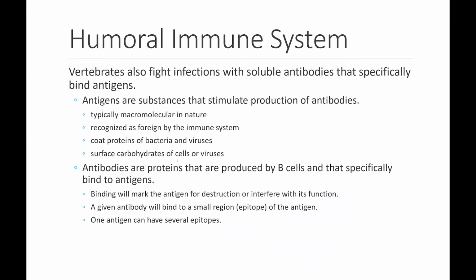Now, we also fight infections with antibodies that are specifically made to bind antigens, which are just anything that is foreign. We describe an antigen as any foreign substance that stimulates the production of antibodies. Antigens are typically macromolecules. They're typically large, and they're recognized as foreign by the immune system.